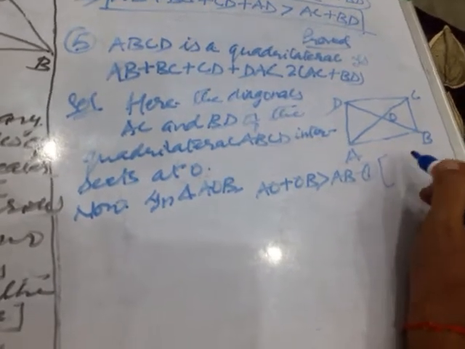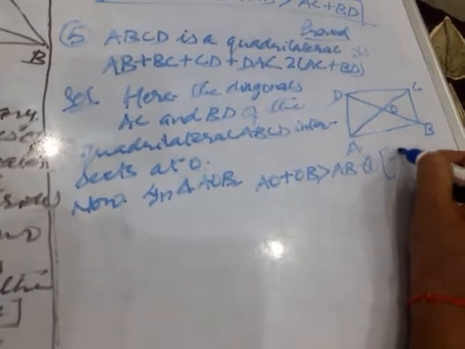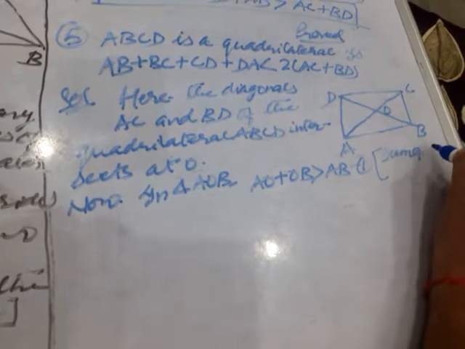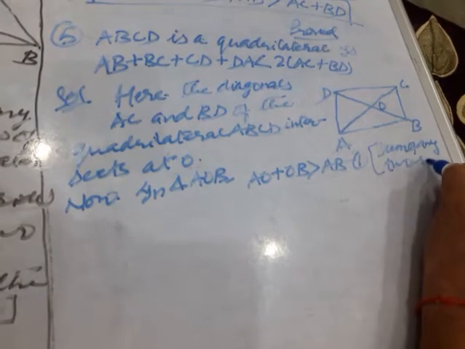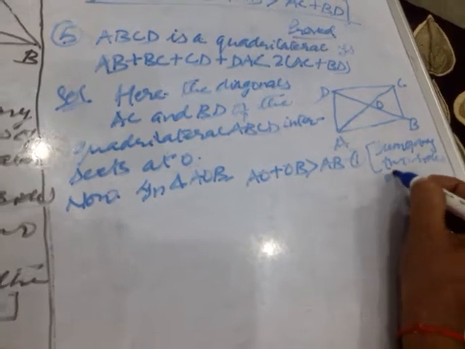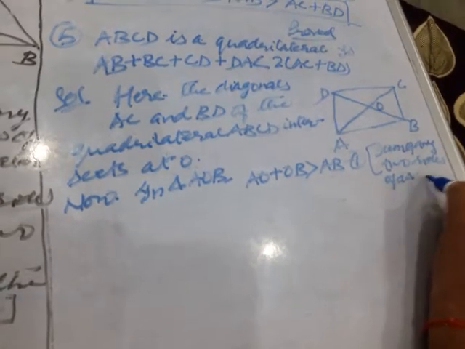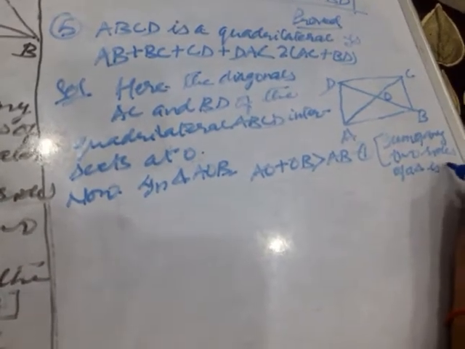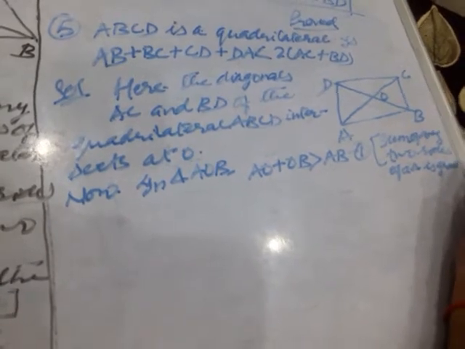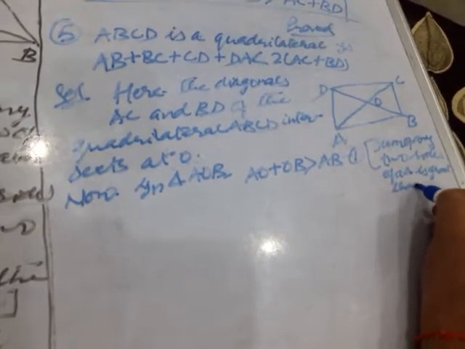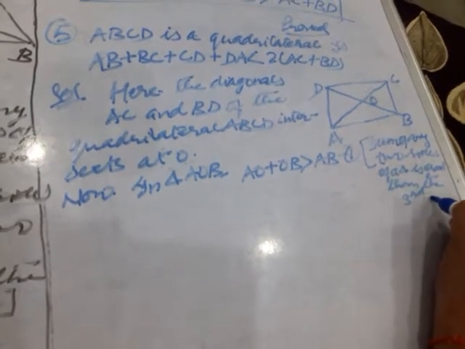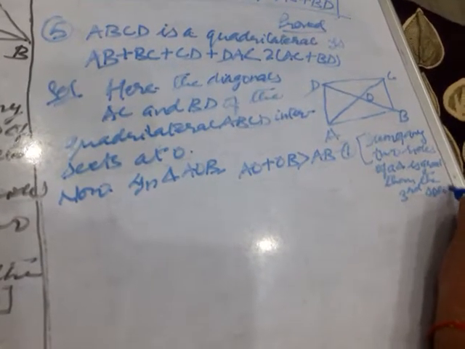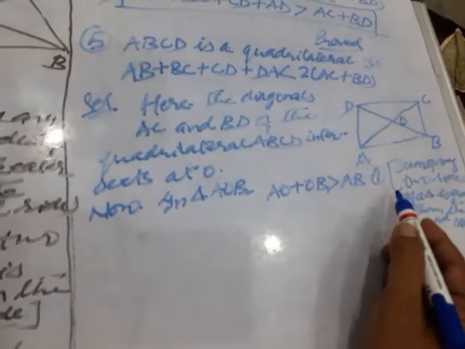Which property? Again the same property: the sum of any two sides of a triangle is greater than the third side. Okay children, this is equation number 1.